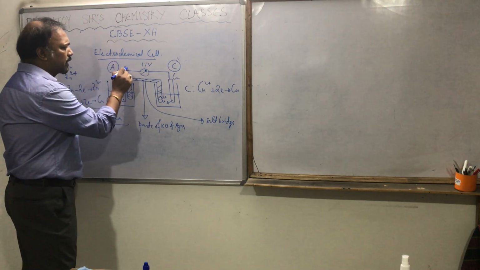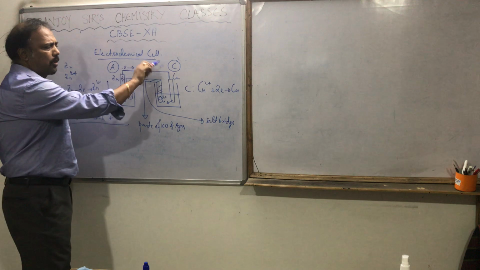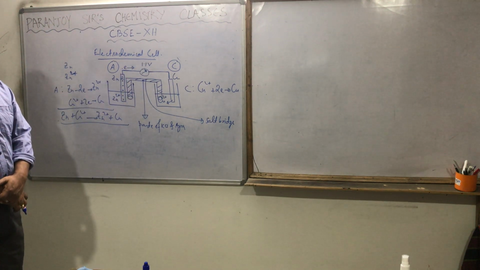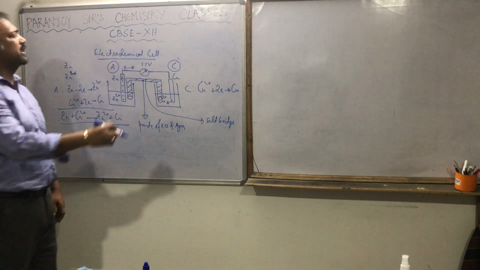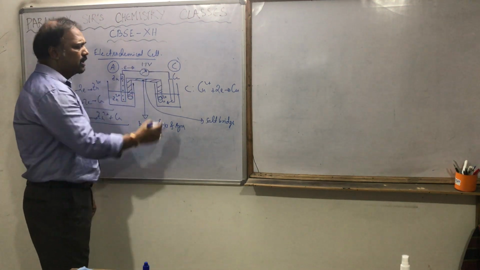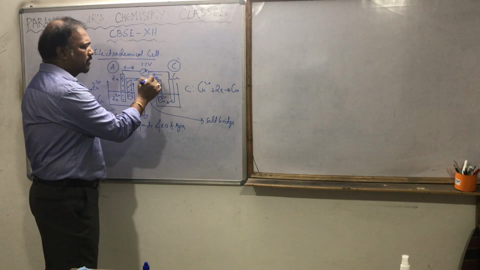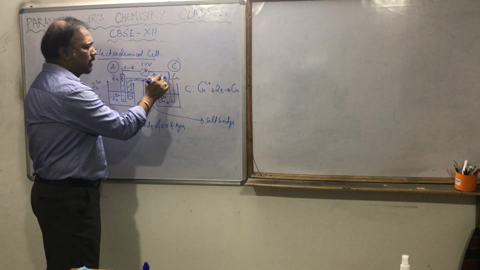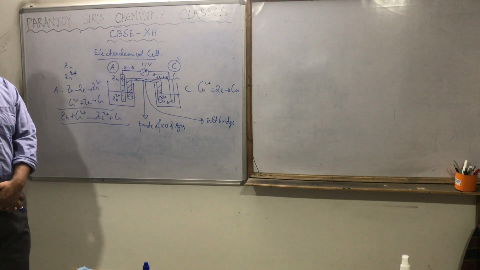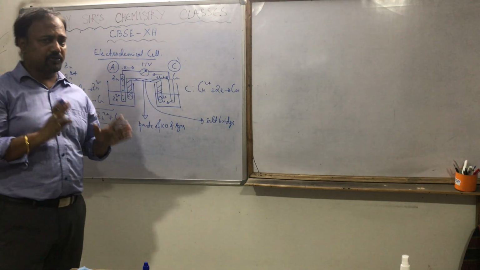The electrons are flowing from zinc to copper, right? Hence, electricity is flowing in the opposite direction, from copper to zinc. Is that clear? First of all, you tell me.